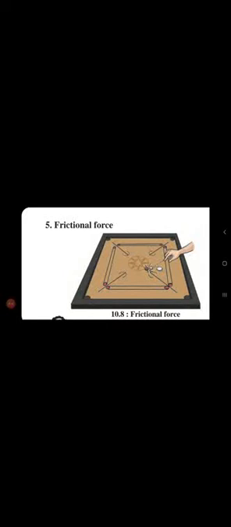Because when two surfaces rub against each other, the force of friction comes into play. The force of friction starts to operate on those bodies or surfaces. Force of friction always acts against the direction of motion.